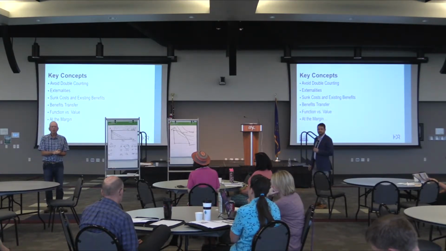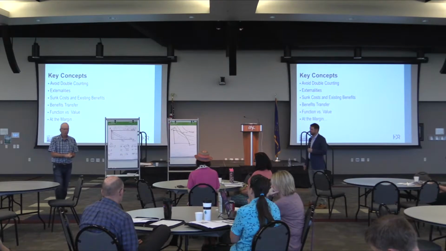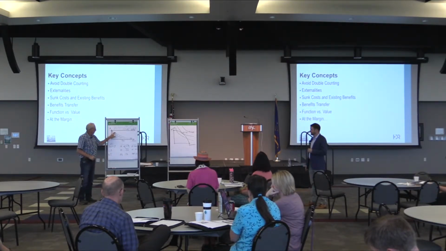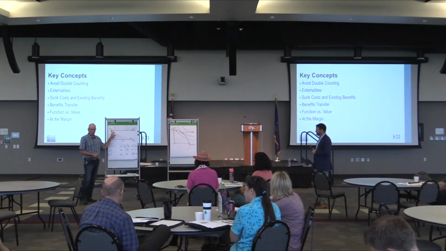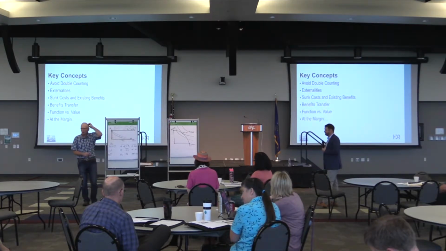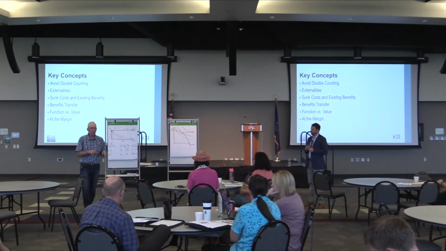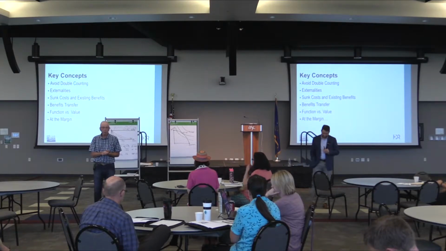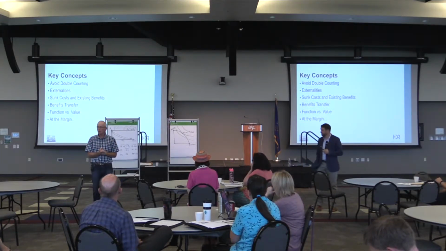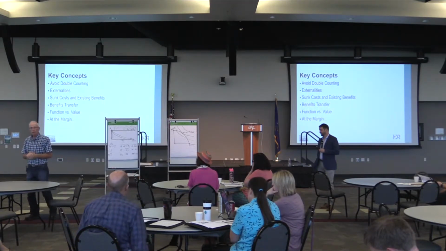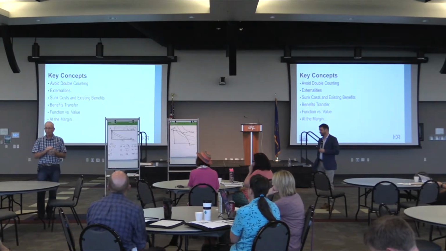Benefits transfer, that's a fun one. If we're doing a project up here in Ward County, and part of the project is open space, how much is open space worth? Well, I can't find anything in the literature, but I found something in Clark County, Nevada, where open space was worth $20,000 an acre. And I found something in Orange County, California, where it was worth $50,000 an acre.